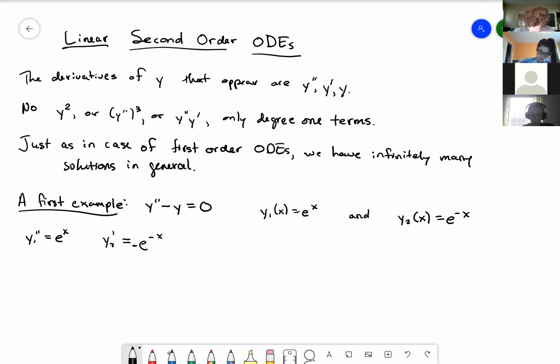And if we take the derivative again, that minus becomes plus. And so we get that in the first case, y1 double prime is equal to y1. So of course their difference is equal to 0. And in this case, y2 double prime is equal to y2. So we have two different solutions here.